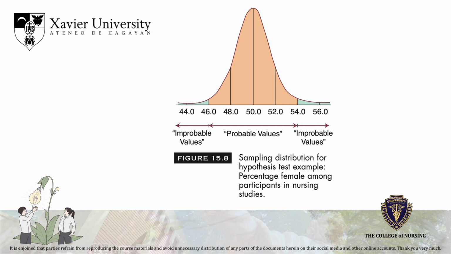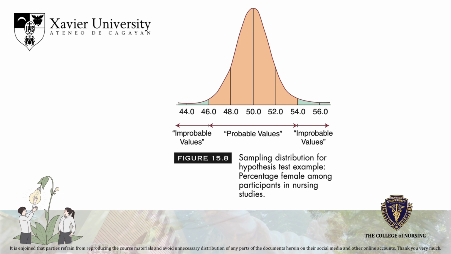So when the criterion of improbability is an alpha level of 0.05, the improbable range beyond 2 standard deviations corresponds to only 5%, that is, 100% minus 95% of the sampling distribution. So in our study, the probability of obtaining a value of 75.3% female by chance alone was actually less than 1 in 10,000.